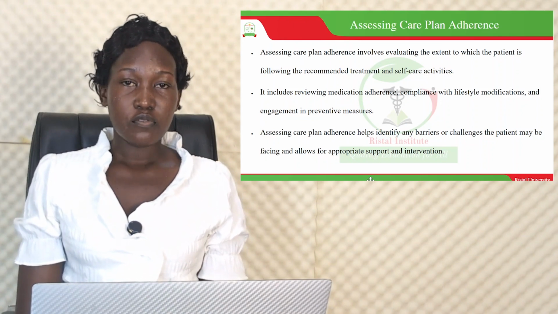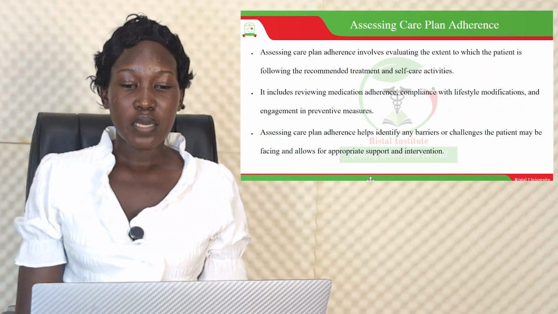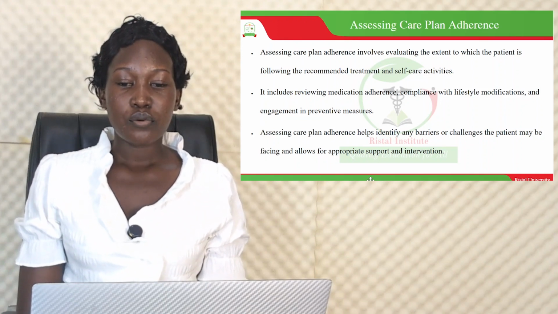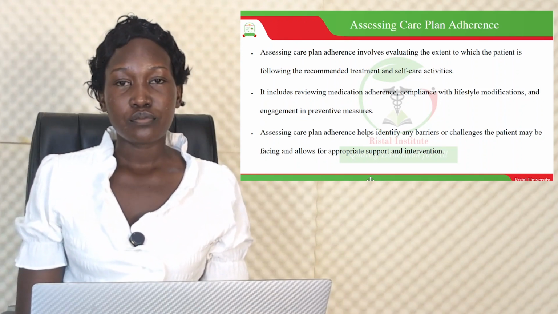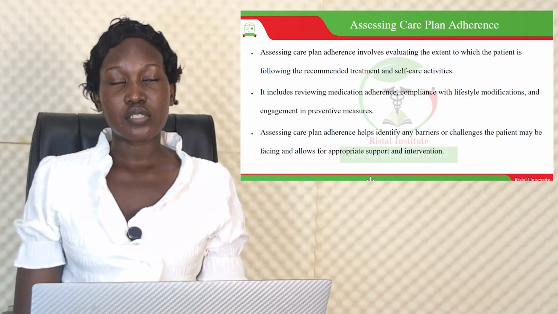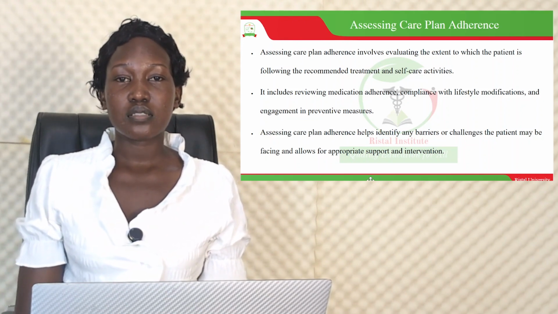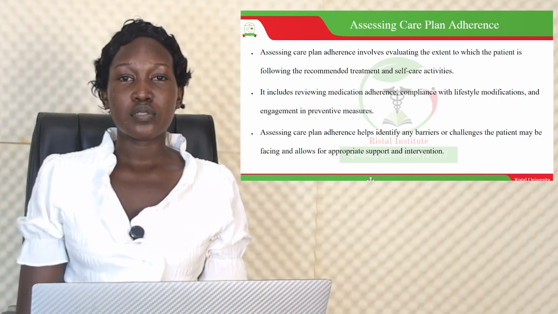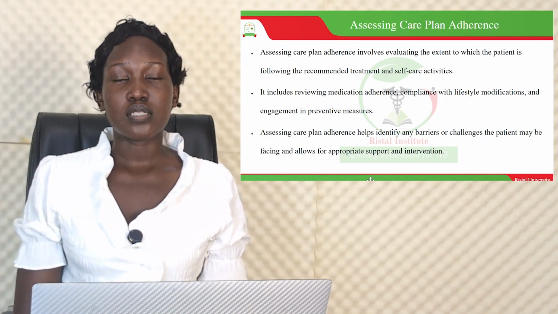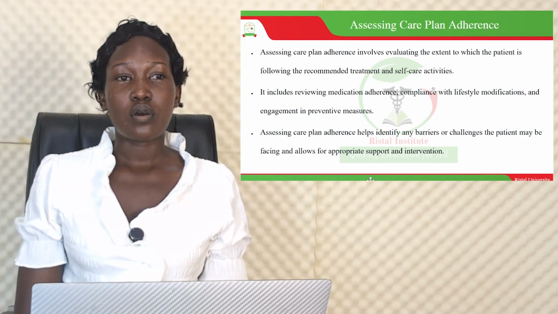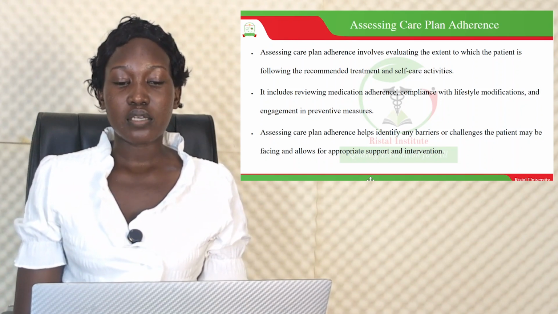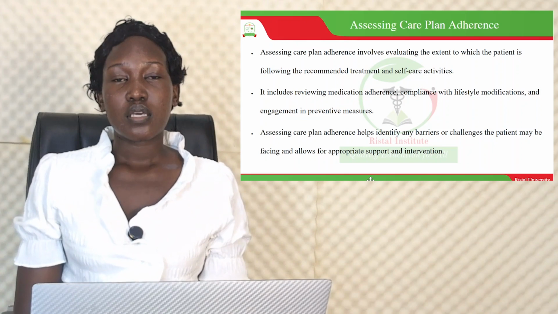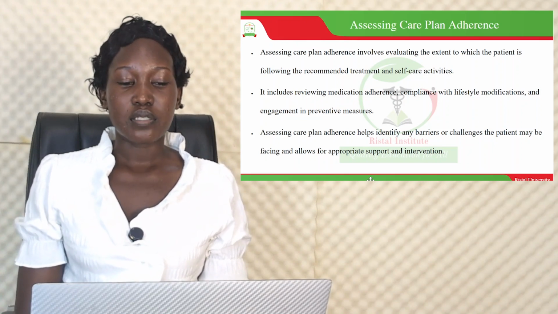So another way of evaluating yourself is by making sure that you follow up on the recommended treatment from the patient. You can even take the drugs, especially for those who are admitted in the hospital. If there are some drugs that they are on, you can always go and follow up to see if they are actually taking the treatment as recommended.